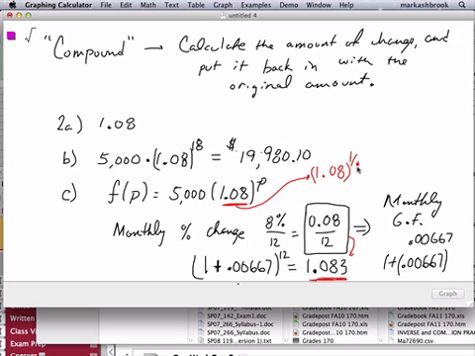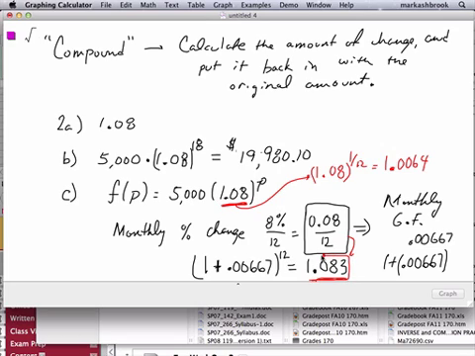Find that. 1.0064. Okay? That corresponds to how much the money goes up every month if it goes up 8% a year. But what they do is take the annual rate, 8%, and instead divide it into 12 pieces. And then that's how much it goes up per month. And so that would be equivalent to it going up 1.083 per year.